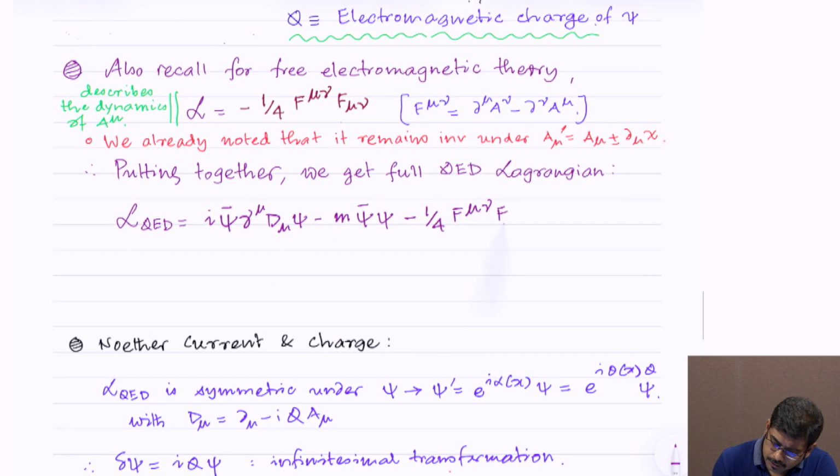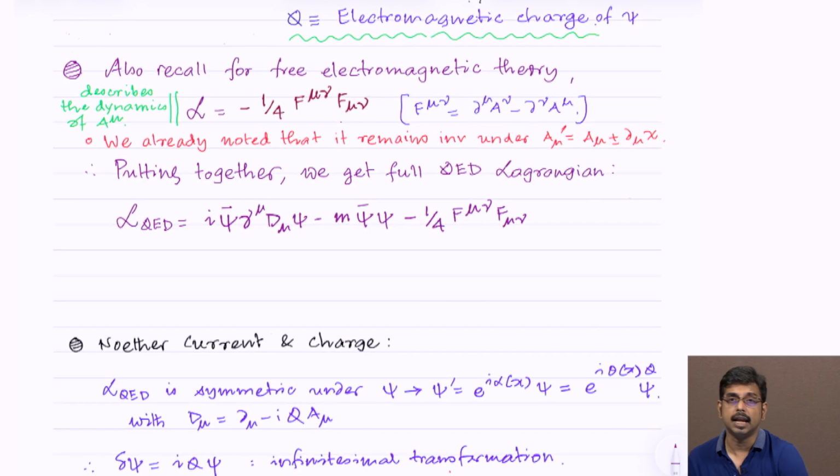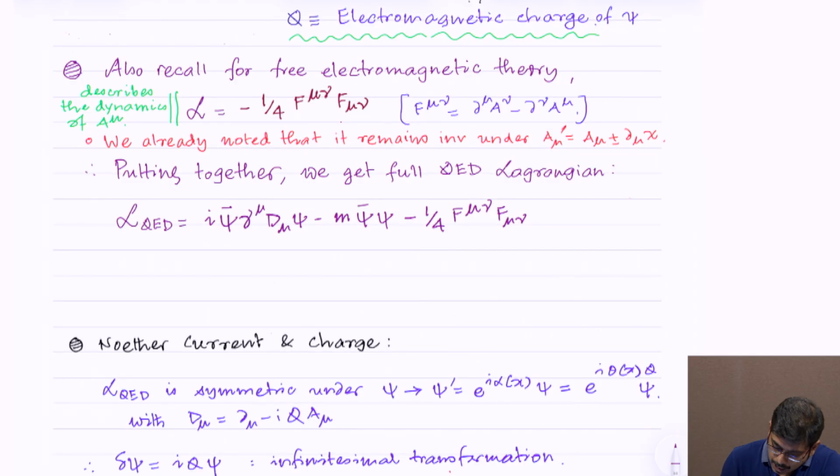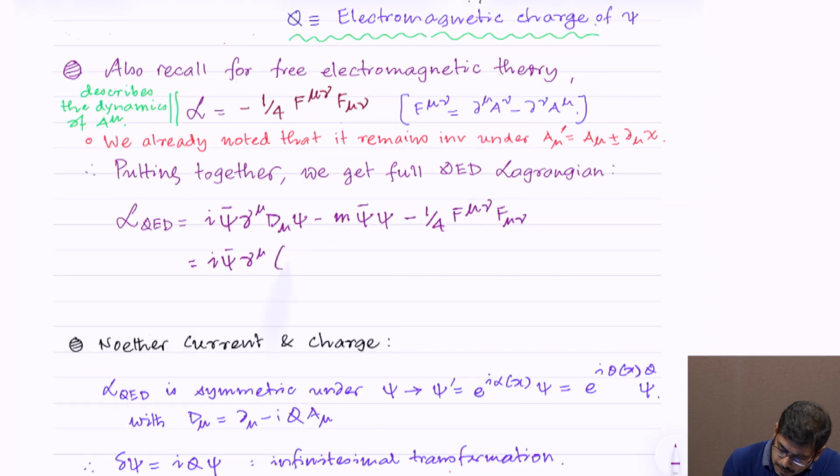And you remember the definition of F mu nu was essentially del mu A nu minus del nu A mu, right? So this is my QED Lagrangian.